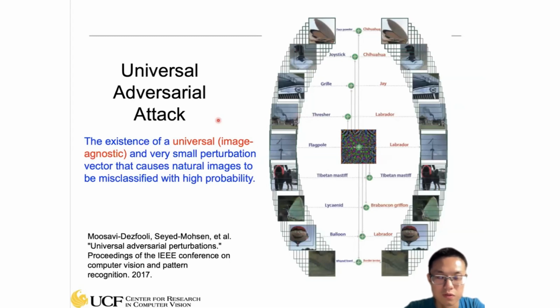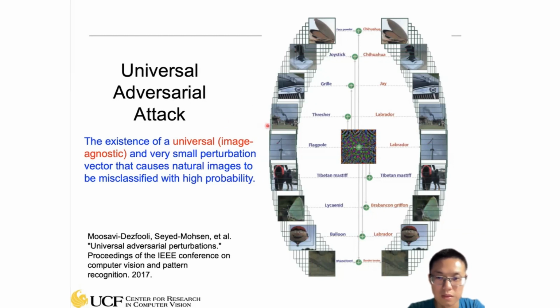So we've talked about the white box attack and the black box attack. The way we do this kind of adversarial example generation is we use optimization to alter the input, to figure out what kind of noise we want to add for one particular input. In other words, if we have a different input image, we have to do the same process and generate a perturbation for every input.